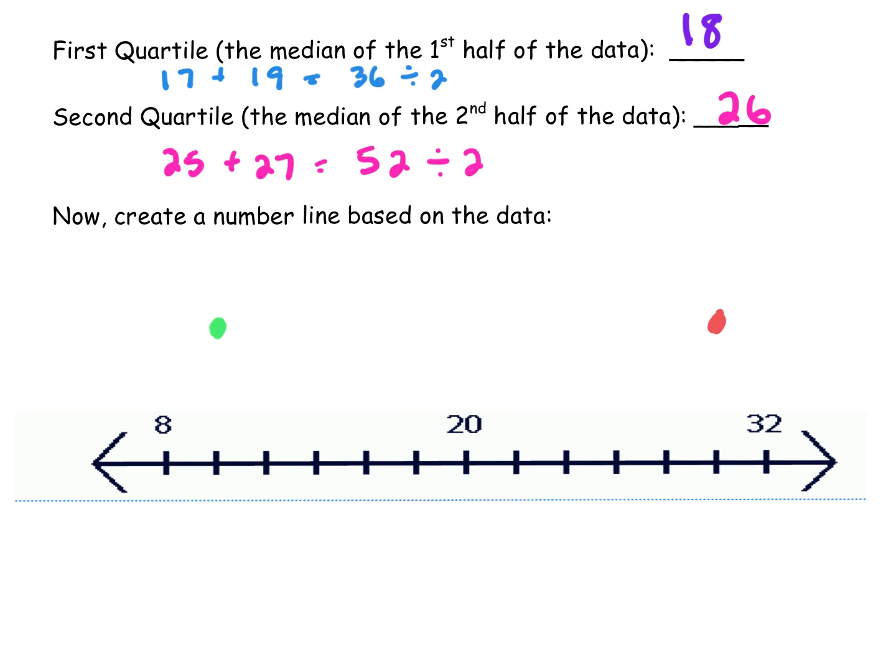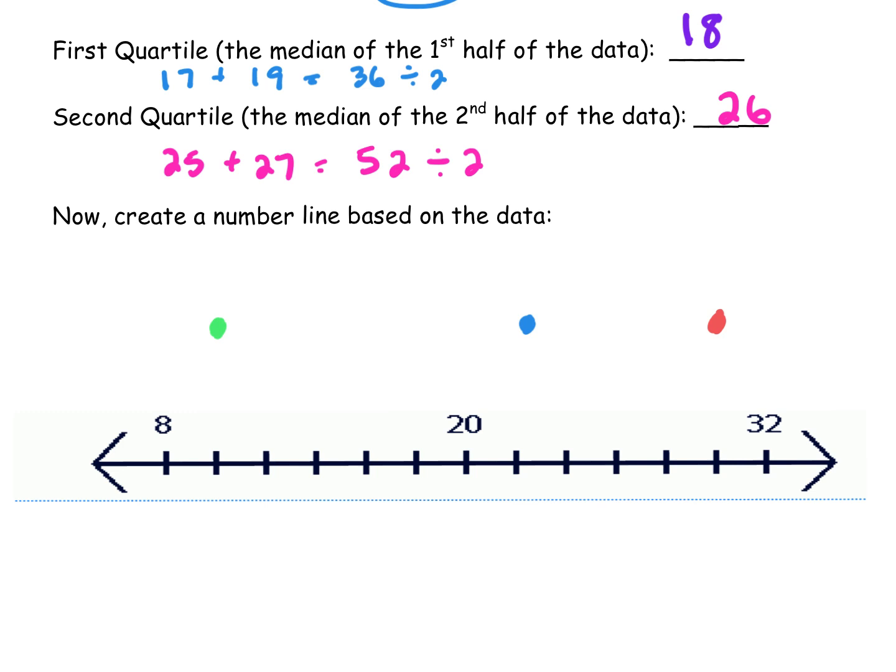Next, we're going to graph our median, which is 22. So I'm going to find 20. And since the graph goes up by 2, our next hash mark would be 22. And that's the exact median of our data.